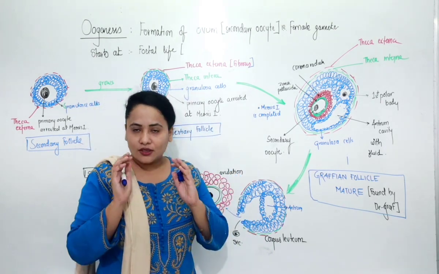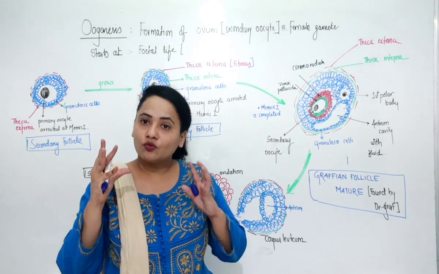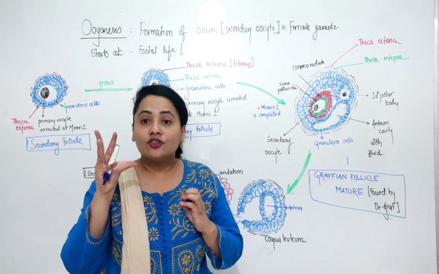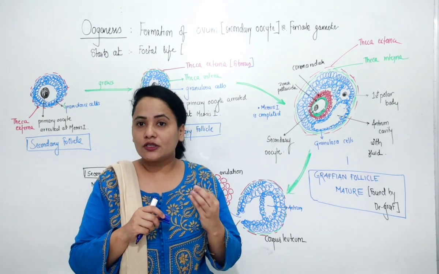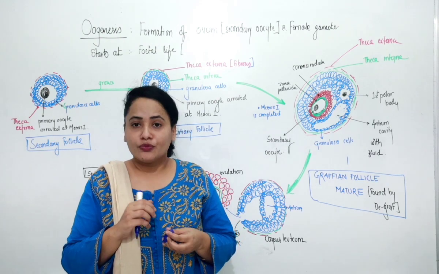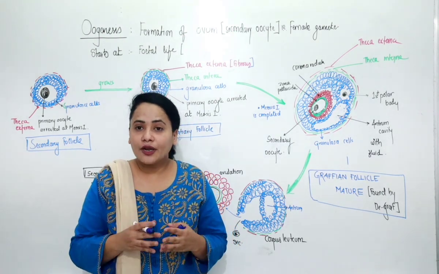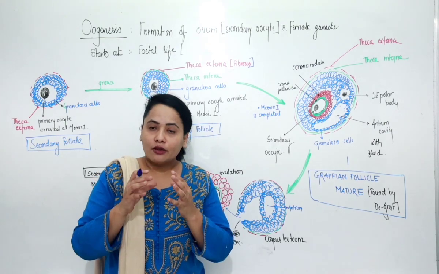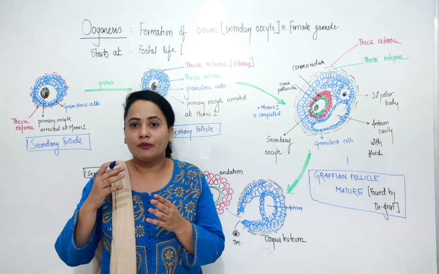And so why this unequal division? You should have a question that why one cell is large and one cell is small. So the larger cell is known as the secondary oocyte, whereas the smaller cell is known as the first polar body. Now why this kind of unequal division? The reason behind unequal division is what? Okay, if the ovum is getting much nutrition or nourishment, it will develop in a better way.